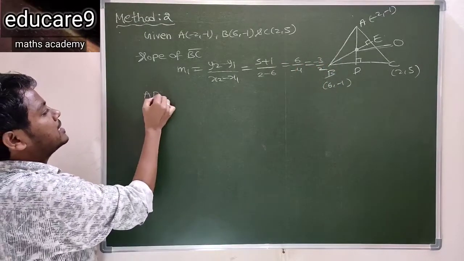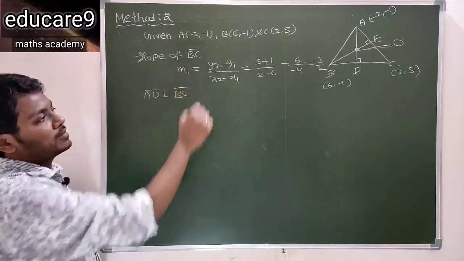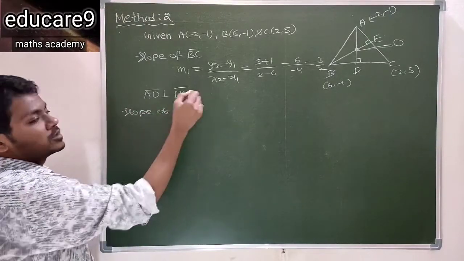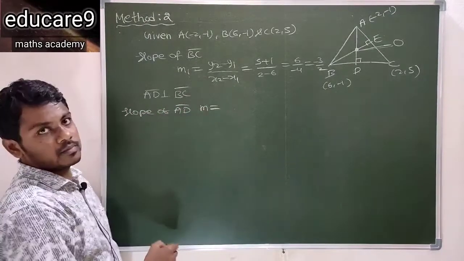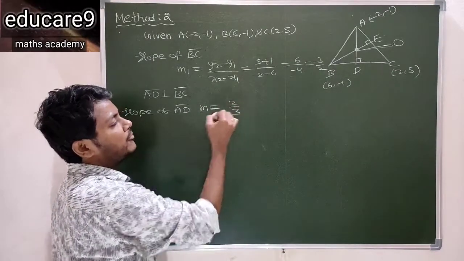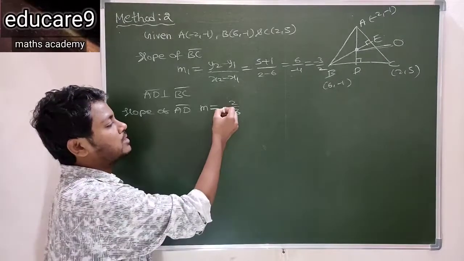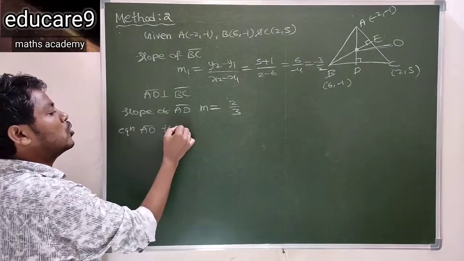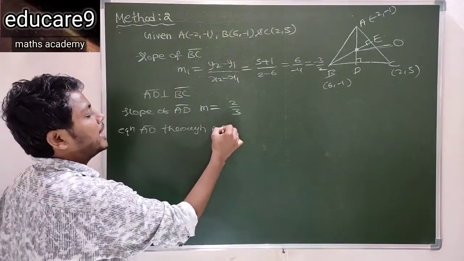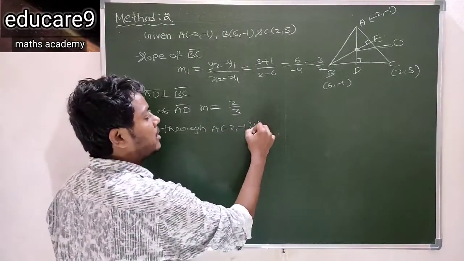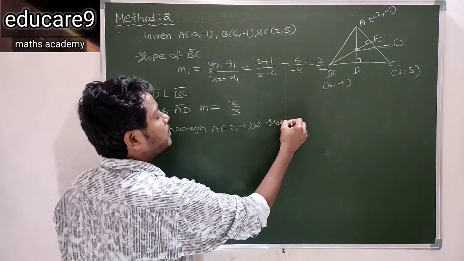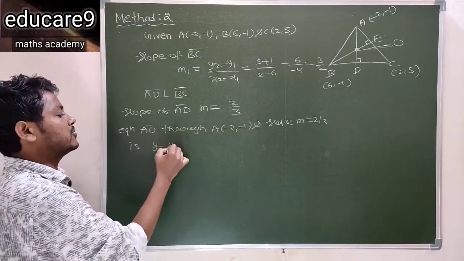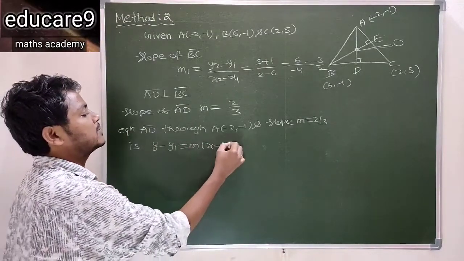But AD is perpendicular to BC. So therefore the slope of AD, M is equal to, write reverse, 2 by 3. If plus is there, write minus, and if minus is there, write plus. Therefore the equation of AD through A (-2, -1) and slope M equal to 2 by 3 is y minus y1 is equal to m into x minus x1.